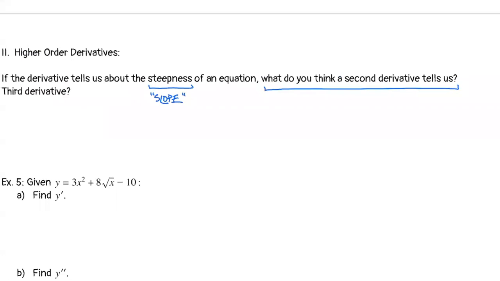All right, any guesses? All right, so I see something about more slope. Okay, can we be more specific about that? Slope of what?